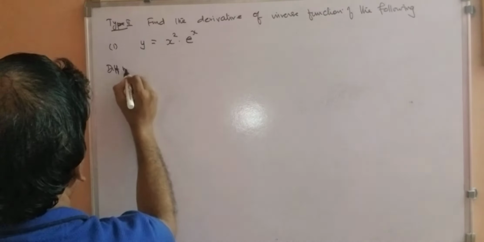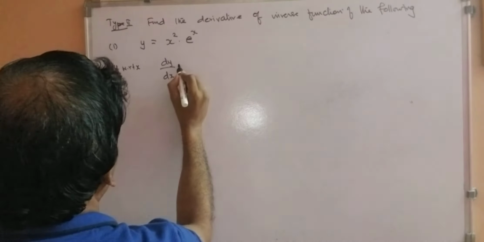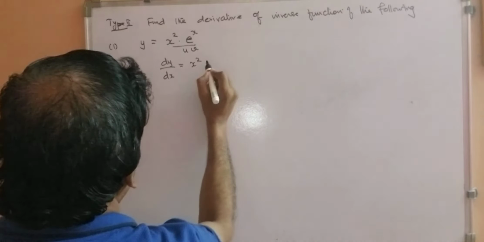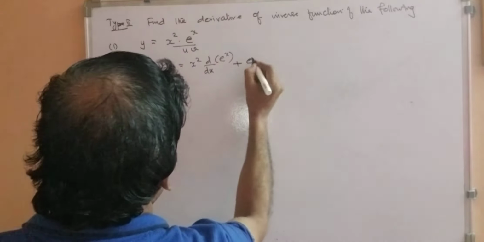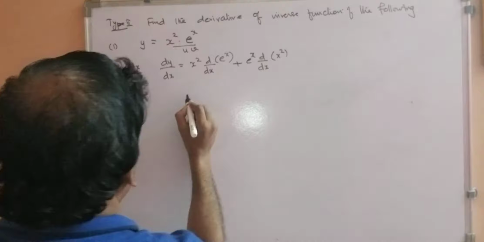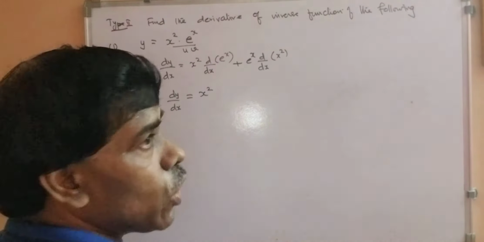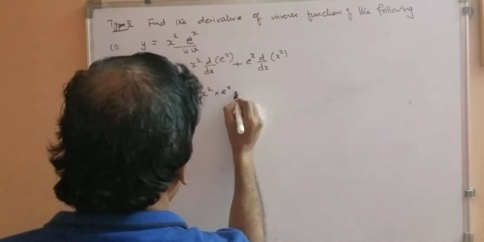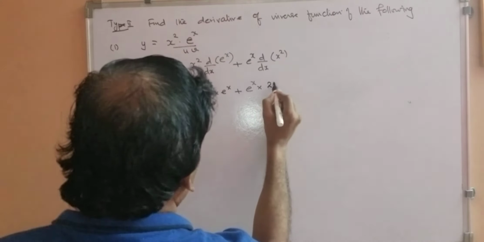Differentiating with respect to x, we get dy by dx equal to UV method. Keep u and differentiate v, and keep v and differentiate u. So it is x square into, what is the derivative of e to the power x? It is e to the power x only. Now keep e to the power x into, what is the derivative of x square? 2x.